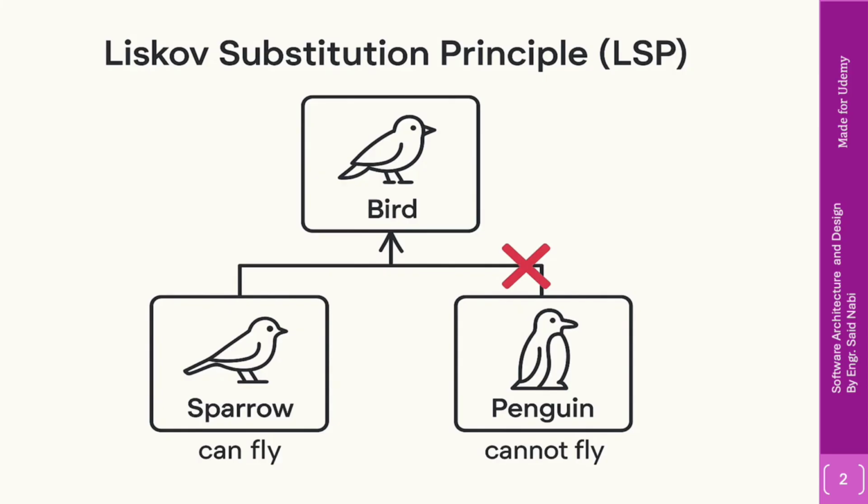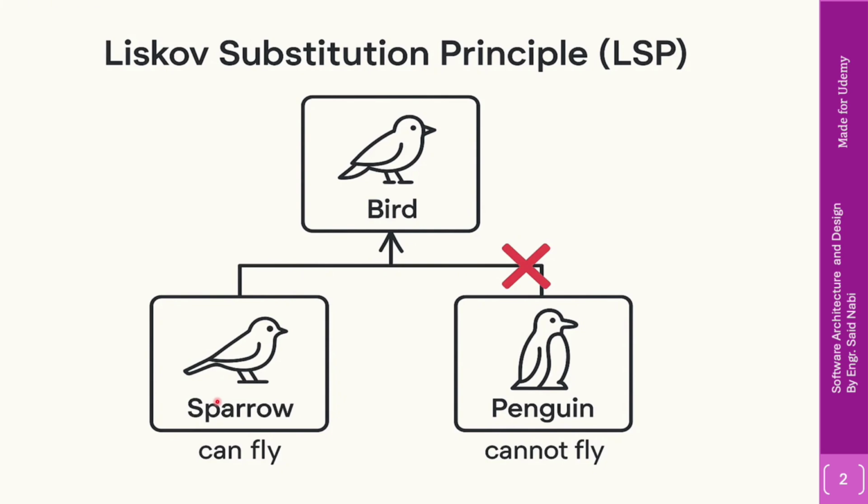Alright, now let's talk about an example in which the Liskov substitution principle is violated. Here you can see we have a super type bird, and the bird can eat and can fly, right? So these are some of the properties of bird. Now we have some subtypes for this super type, like sparrow.